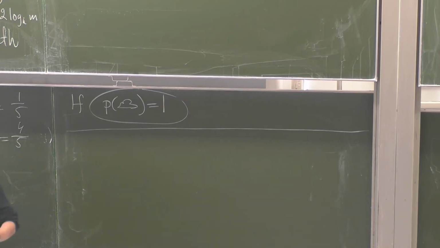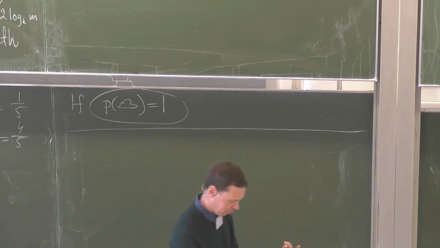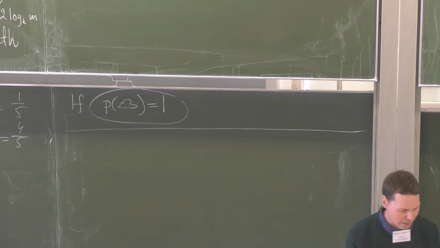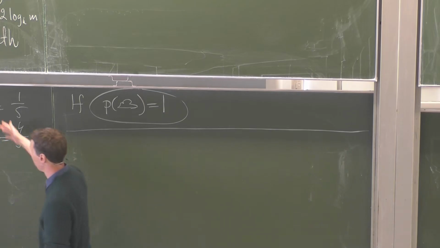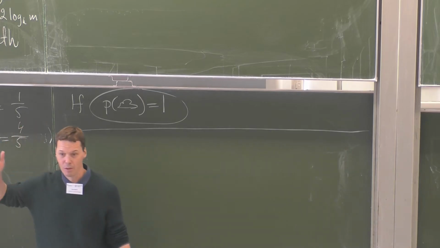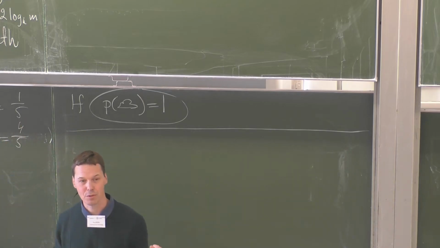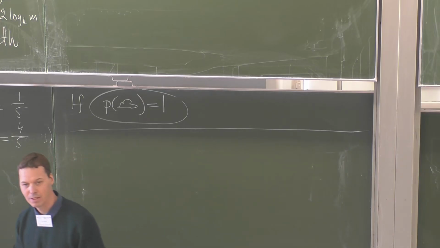And he asked the question, if I receive some messages, and I know how likely it is to receive something, so I know this probability distribution, what is the average surprise that I will get from a string of messages?